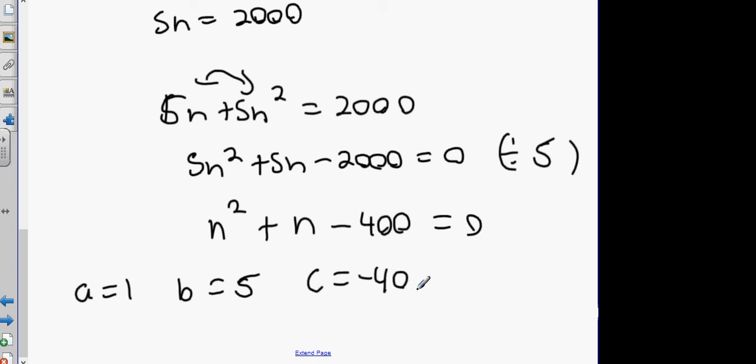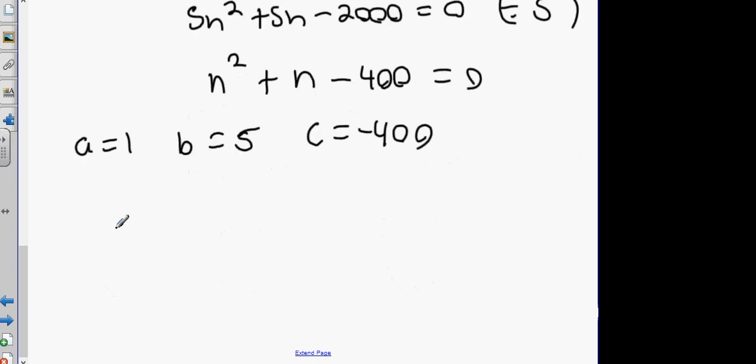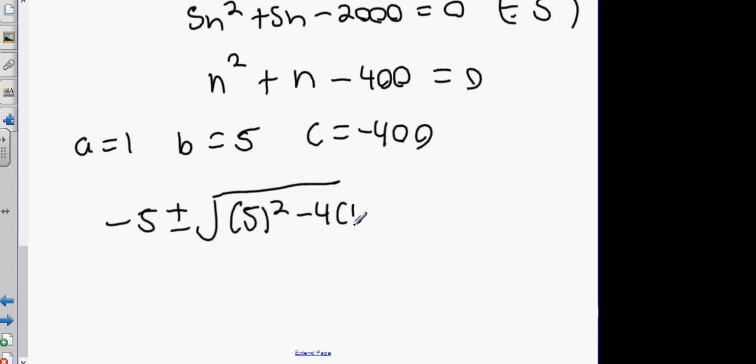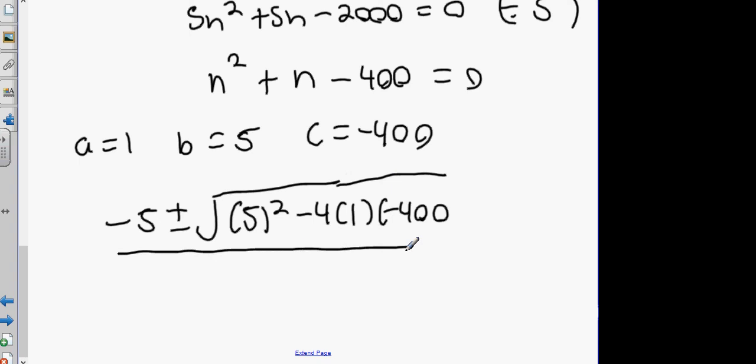Okay? So, what we're going to get here is the minus b formula. Minus 5 plus or minus the square root of b squared minus 4 times 1 times minus 400, all divided by 2 times 1.